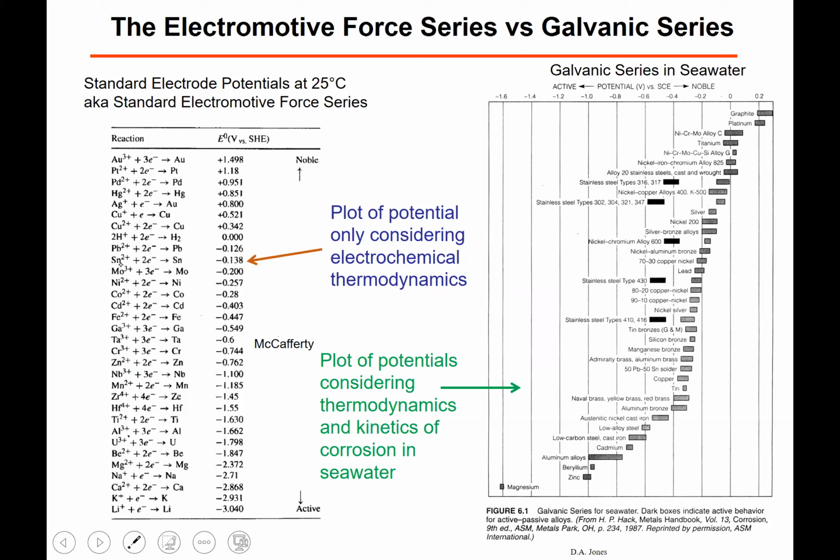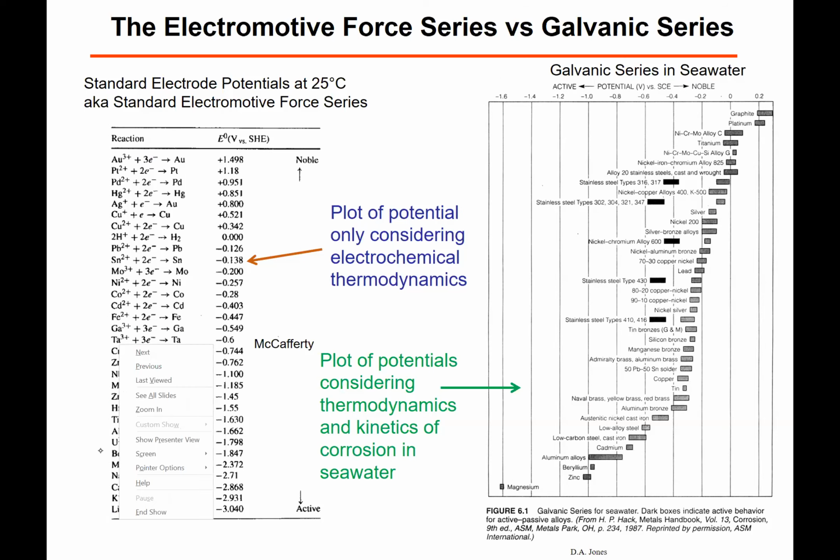Okay. So let's look at how these two data tables can be quite different. Here, once again, you've seen this before, the standard EMF or the voltages for these different reduction reactions. So here you can see copper and, let's say, nickel.